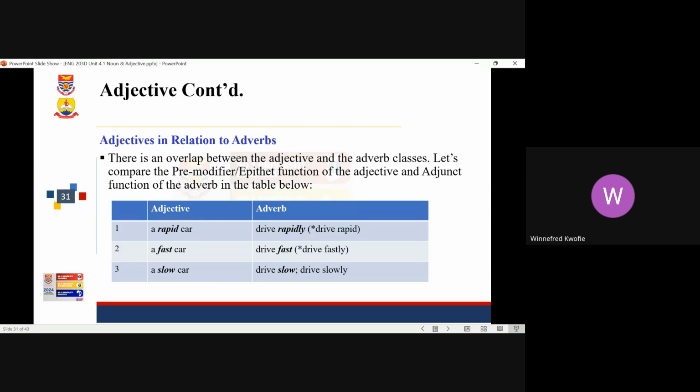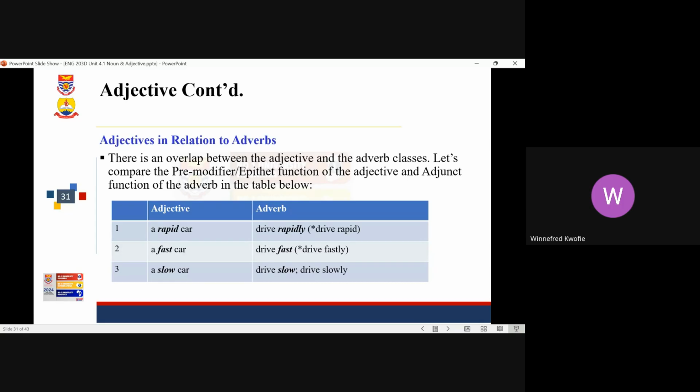If you remember earlier, just a slide or two earlier, I said that adjectives can be modified by intensifiers, and I said we can't use that one alone to identify adjectives, because adverbs can also be modified by intensifiers, which means that adjectives and adverbs have something in common.